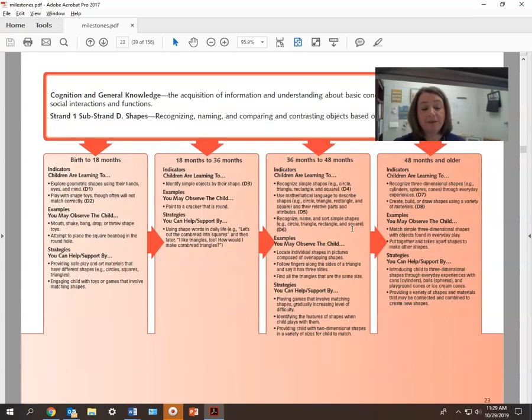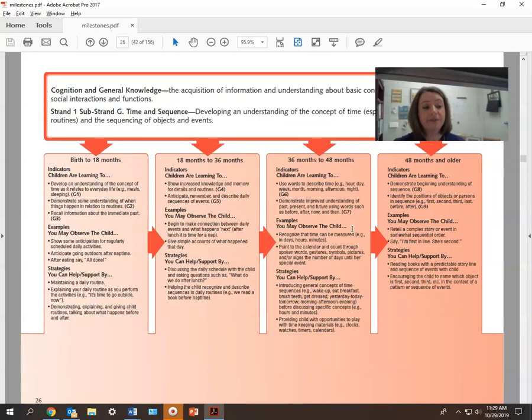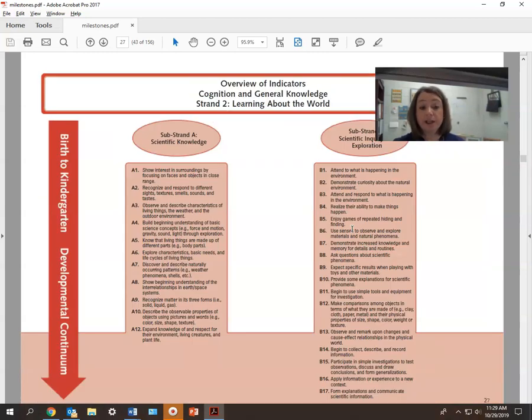And then they break it down by the ages. And then we get to strand 2, which is learning about the world. This really is going to be the science section. So there's only 2 substrands in this particular strand: scientific knowledge and scientific inquiry and exploration.